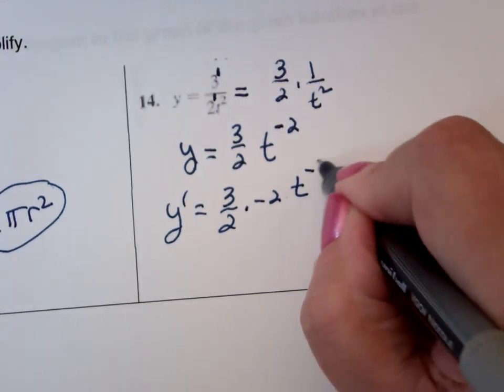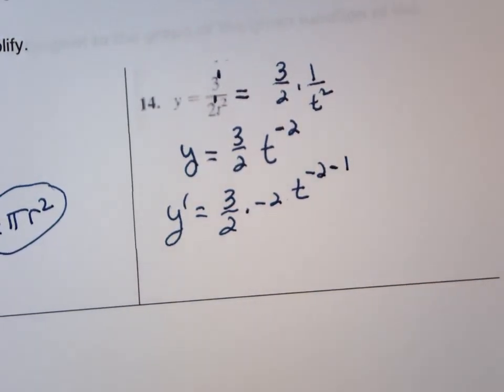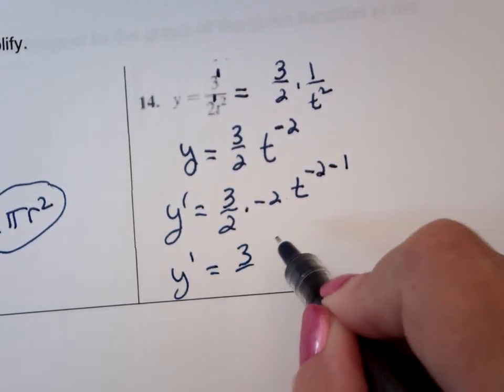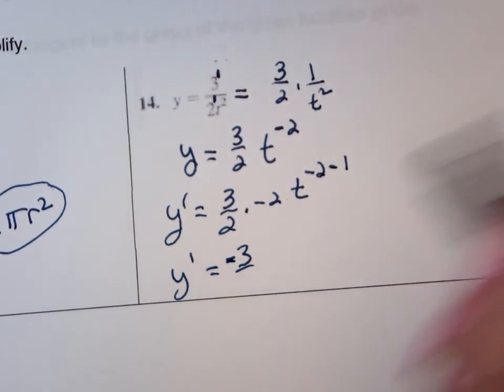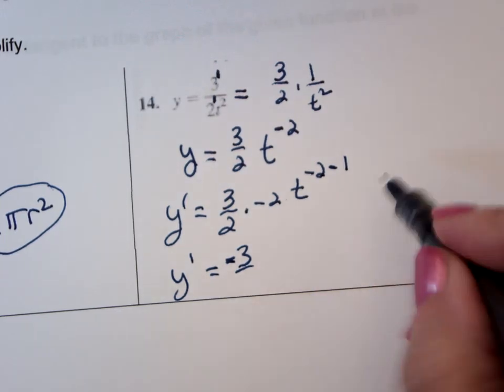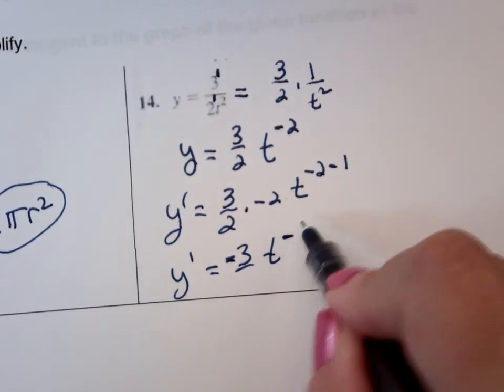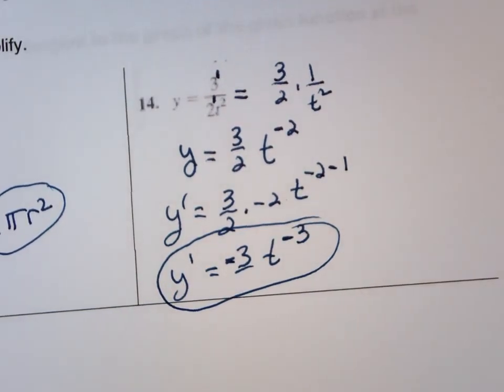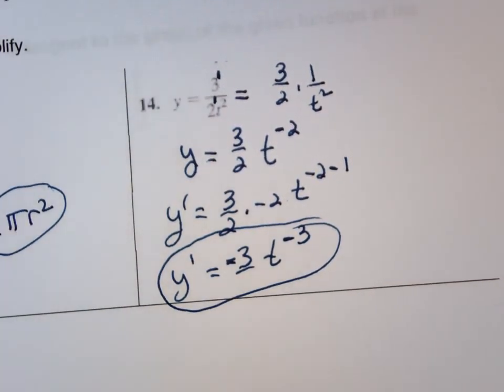So it's going to be negative 2 minus 1, or y prime is negative 3 t to the negative 3. I almost put it over 2.